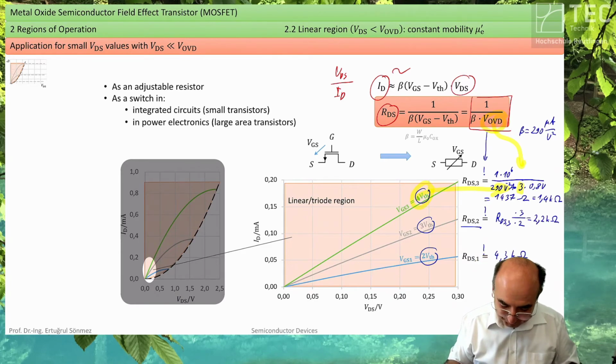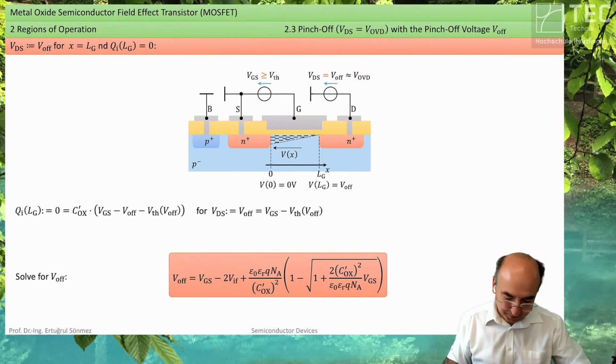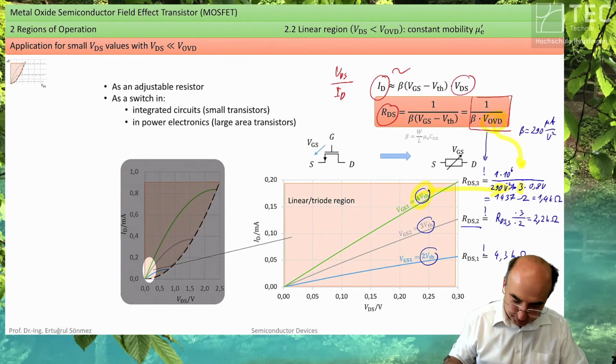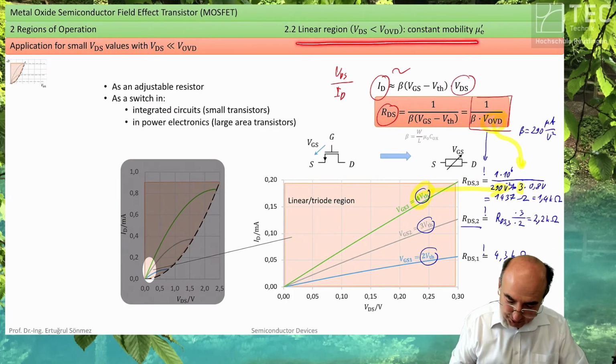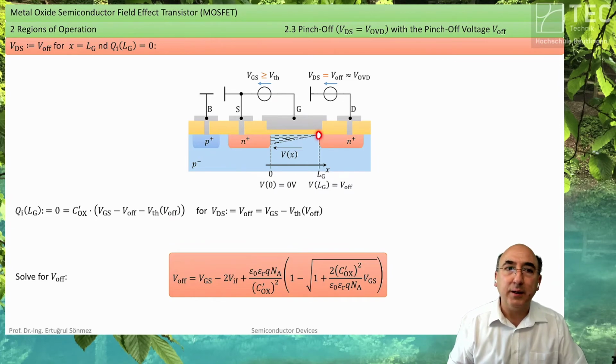Okay. Well, let's go on with our stuff and set it to a certain point. We have learned the linear region, what is valid there. Then we go to the point where we are at the pinch-off.